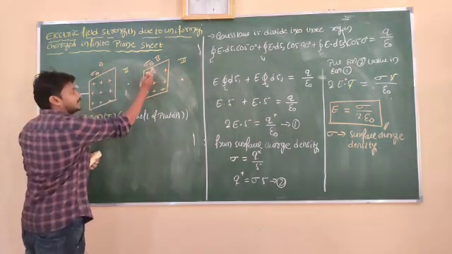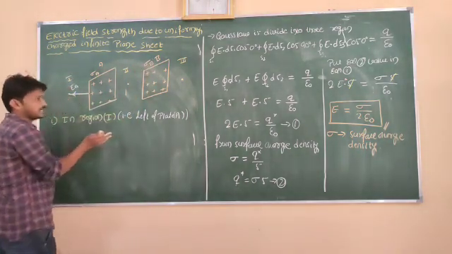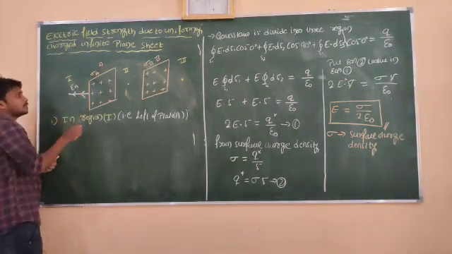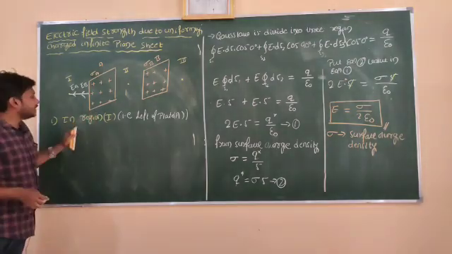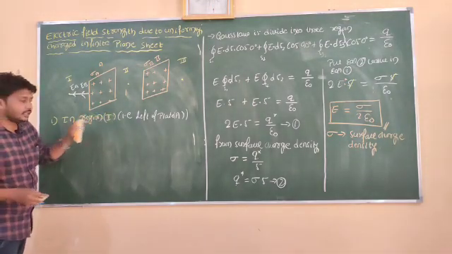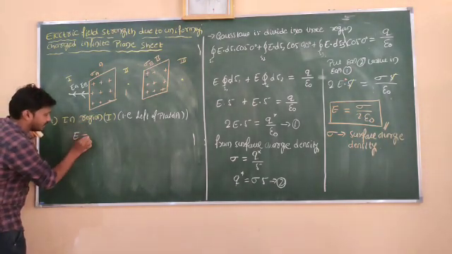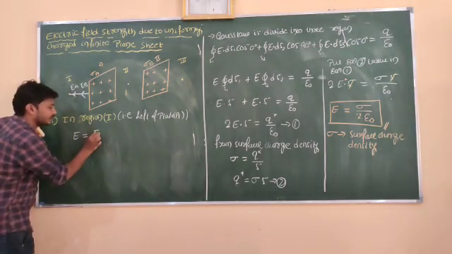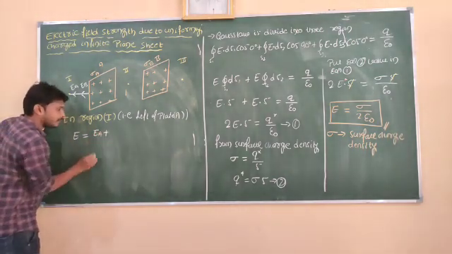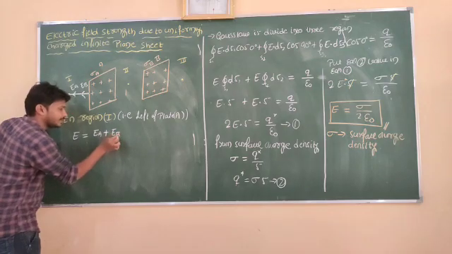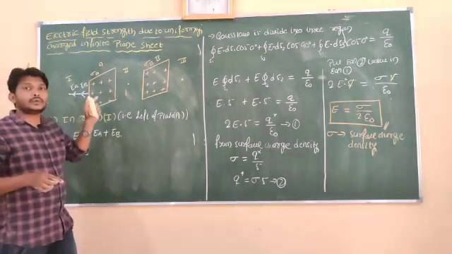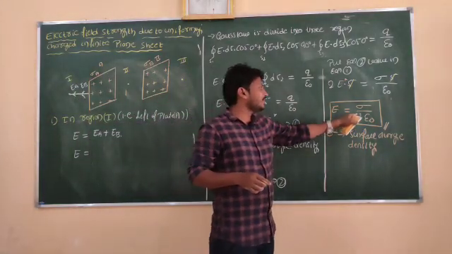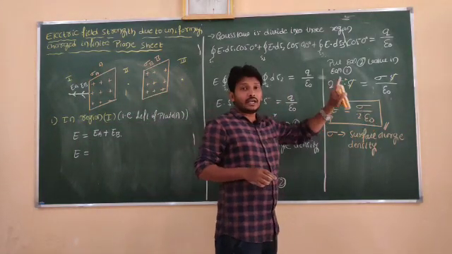Plate B is also positively charged, so this one is E of B. In the first region, what is the total electric field? The total electric field E is equal to E of A plus E of B. The electric field strength due to a uniformly charged infinite plane sheet is sigma divided by 2 epsilon naught.